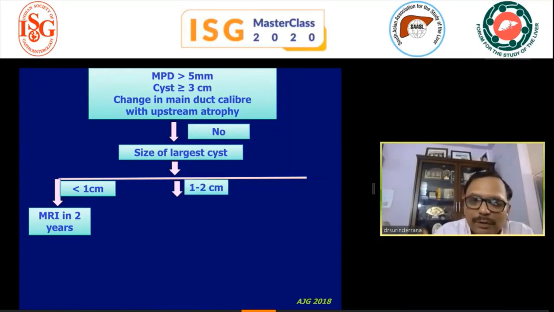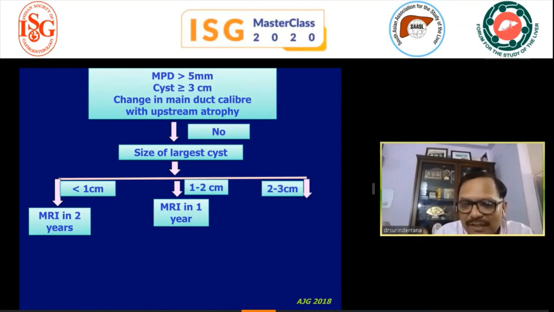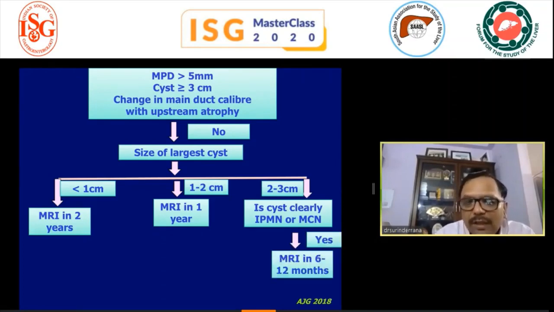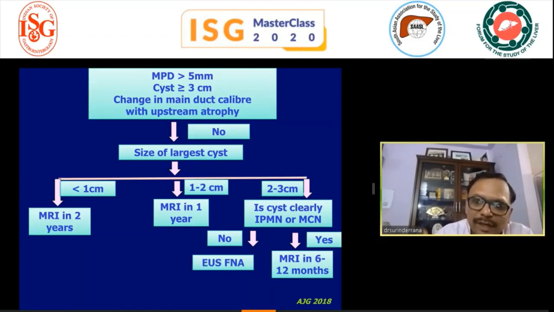If the size is between 1 to 2 centimeter, you do MR after 1 year, again looking for change in size. And if the size is between 2 to 3 centimeter, how confident are you that it is clearly IPMN or MCN? That means that you should not be missing a cystic NET or a cystic SPEN. So if this is a concern, then you do an EUS-FNA. If you are clear that it is IPMN or MCN, then you do MRI 6 to 12 months later again to look for the change in size.